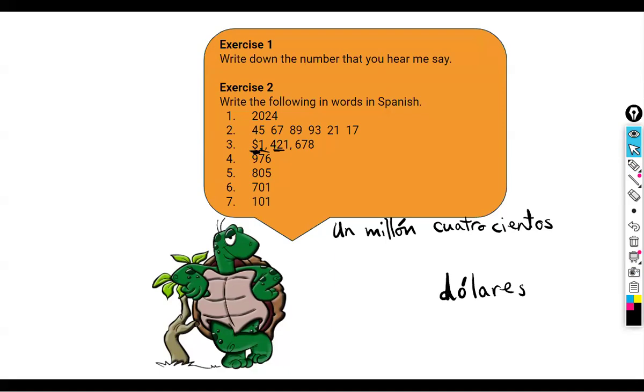So take a try. So 21 will be, so 421. Right? And then this place is thousands, right? So 21,000. So we remember that mil remains as mil, whether plural or single, right?